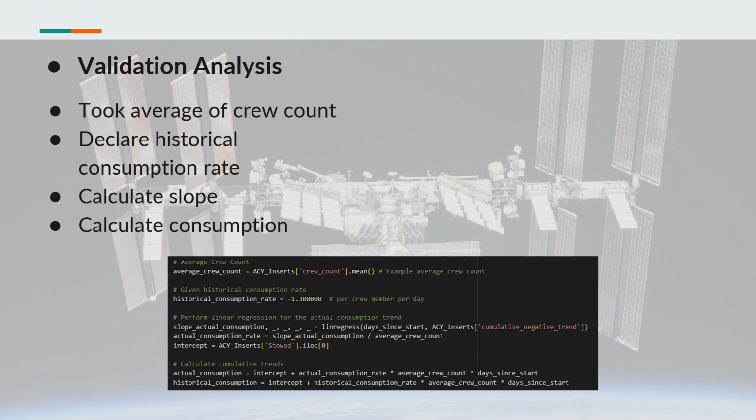Like I said before, we took account of the average crew counts during those intervals, and from the code below, we declared the historical consumption rate, calculated the slope, and calculated the consumption.